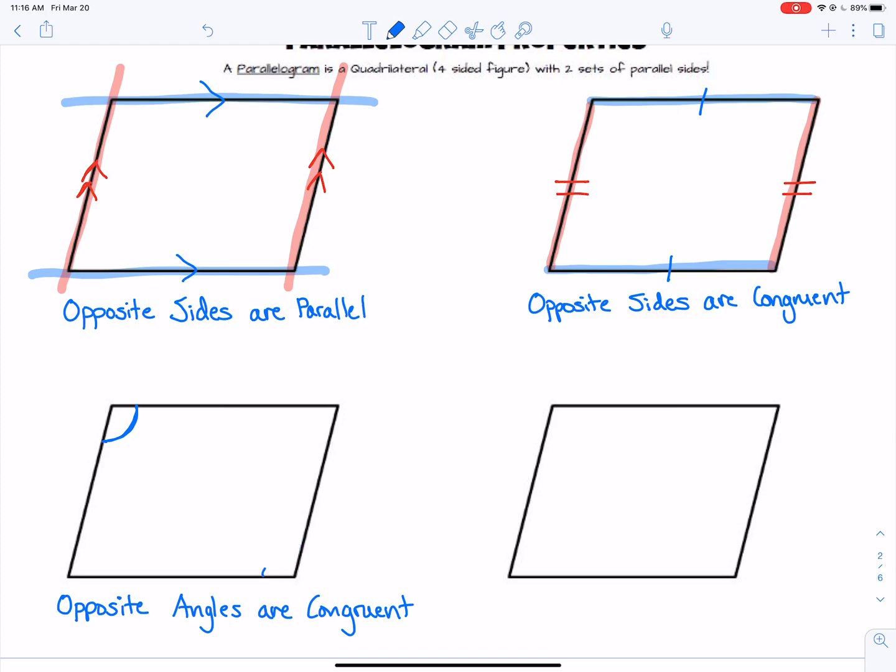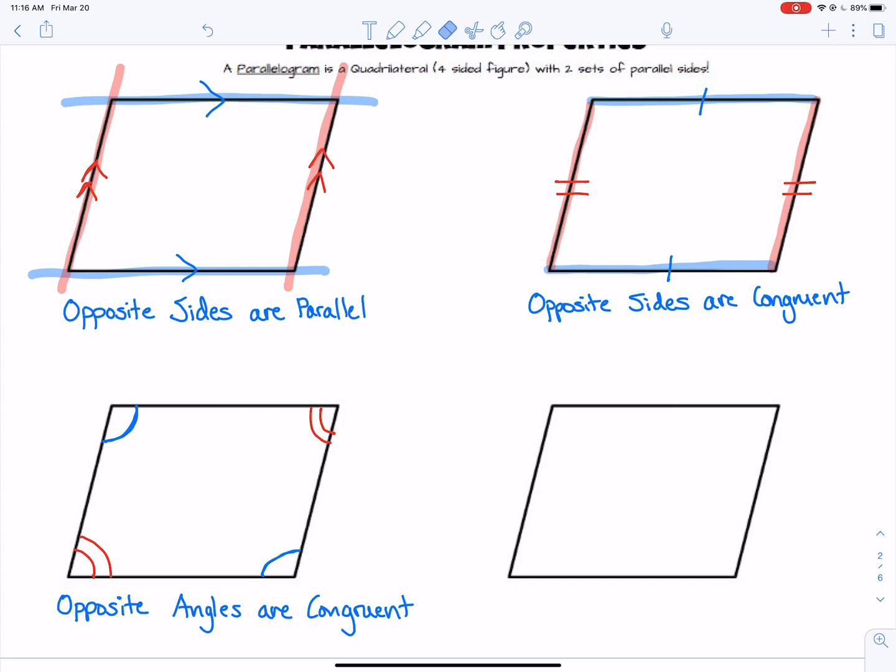Let me just draw that a little better. You can either leave it like that, or you can put a tick mark in that little angle symbol. And then these other angles that are opposite of one another are also congruent. So you can either put two angle marks, or you could have put two tick marks. Either one, but you don't have to write both of those. But they're both ways to indicate that angles are congruent to one another. So we'll just leave this one like that.